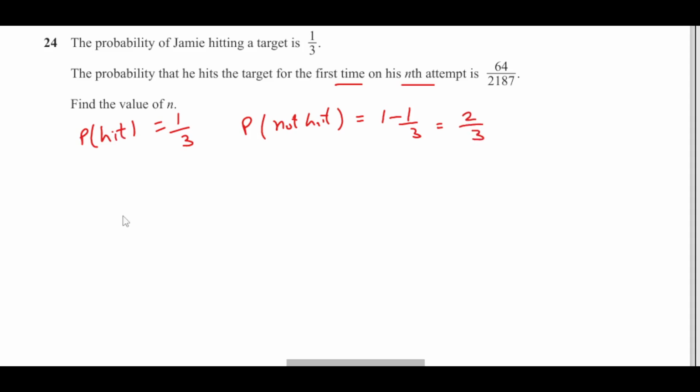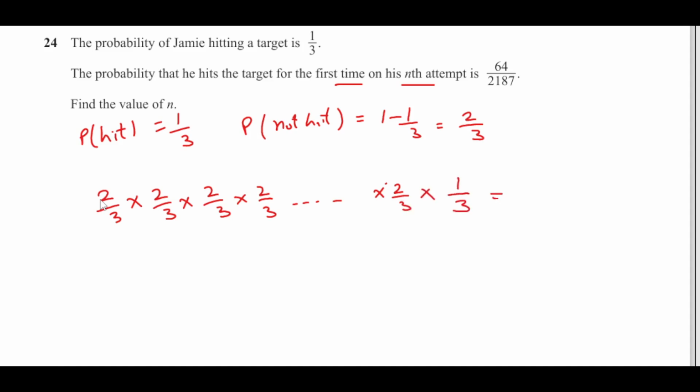So now what exactly is happening here? He is doing n trials, right? First trial he is not successful, that is 2/3. Second trial not successful, third trial not successful, fourth trial not successful, until one less than n, each 2/3, and the last one he is successful.